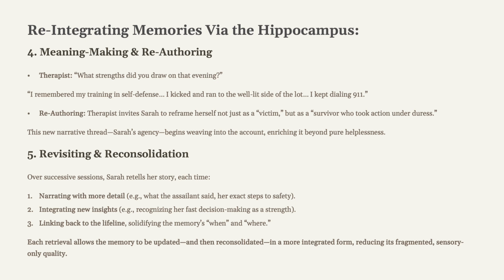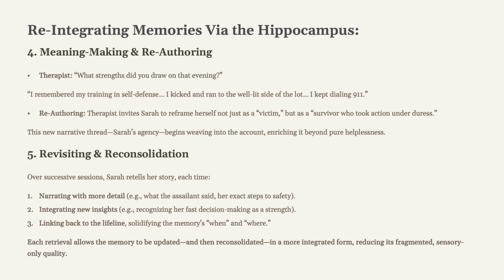And so what will happen over time is her memory will be updated, and you will have effectively reconsolidated her thinking about what happened to her, why it had happened, and you would have reduced that fragmented part of her memory. And that is really how the trauma will be healed, okay?